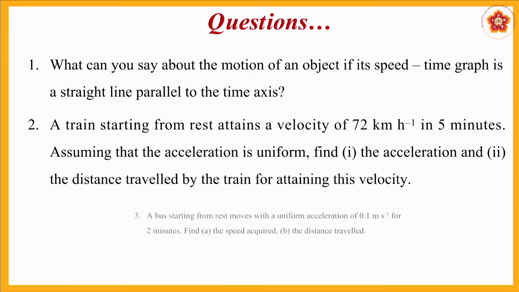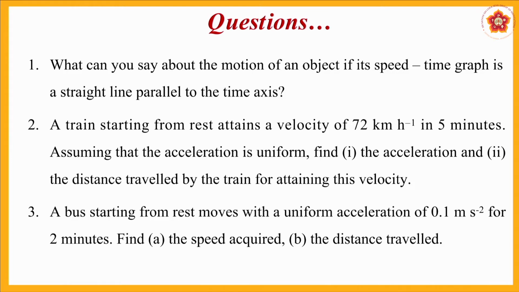Next. Let us have a look at the question. A bus starting from rest moves with a uniform acceleration of 0.1 meters per second square for 2 minutes. Find the speed acquired and the distance travelled. Again, in this numerical, it is important to note this particular phrase, a bus starting from rest.